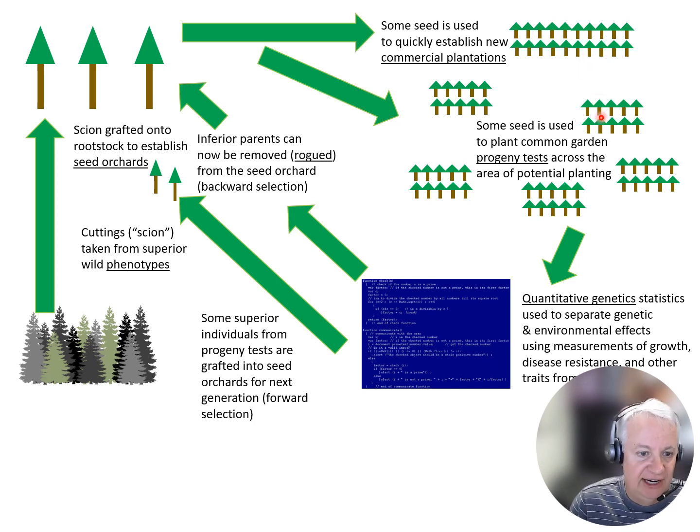A superior tree growing in one location might be identified, and scion is taken from that individual in the progeny trial, and that is grafted into the seed orchard. That process, that selection, is called forward selection. So you can think of that forward selection from the progeny trial as roughly equivalent to the infusion of wild material back into the breeding population.